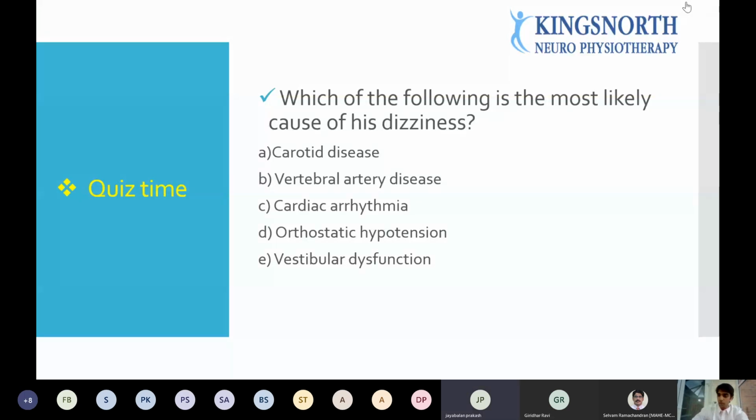The answer is B, vertebral artery disease. Can you describe why you thought it is a vertebral artery disease? Because VBA symptoms are very important.